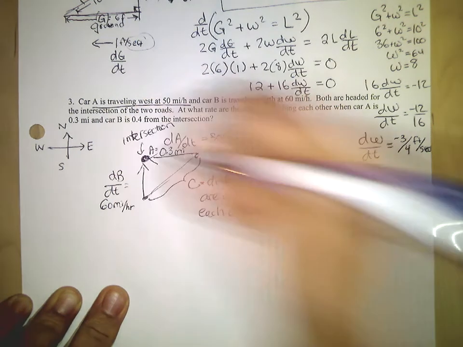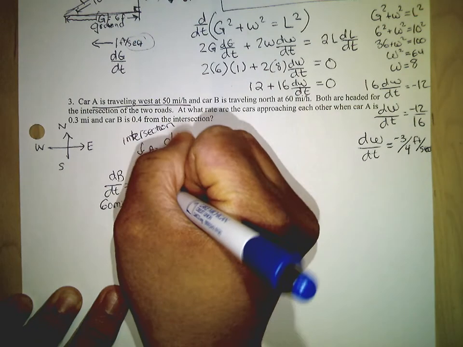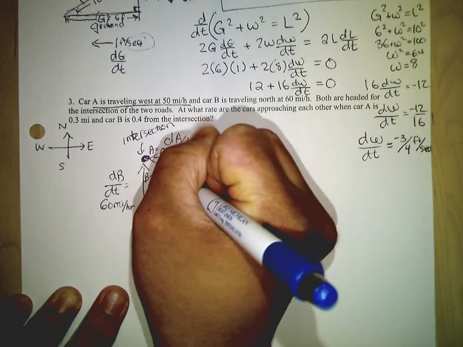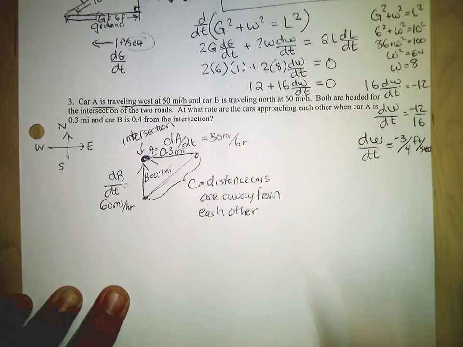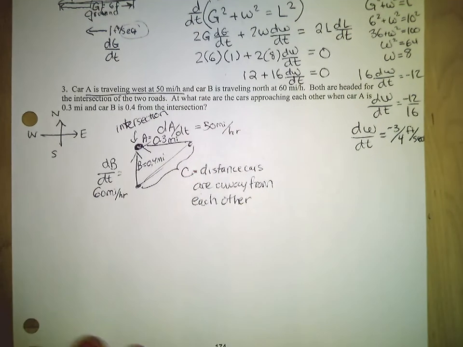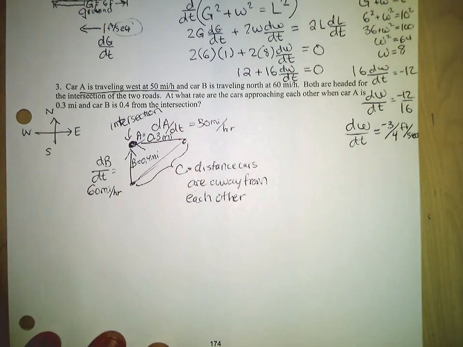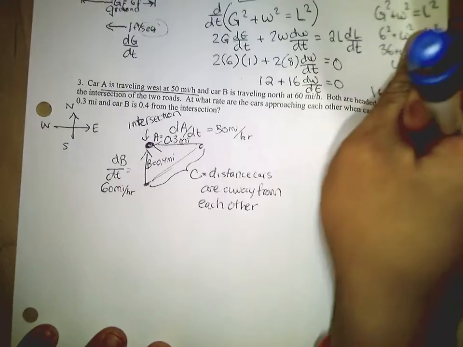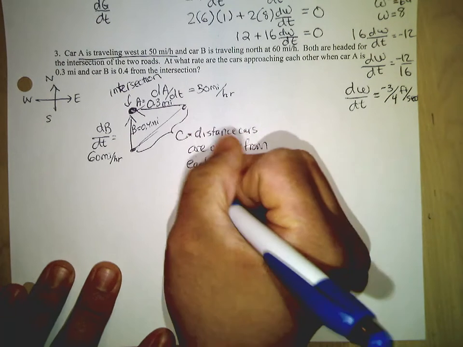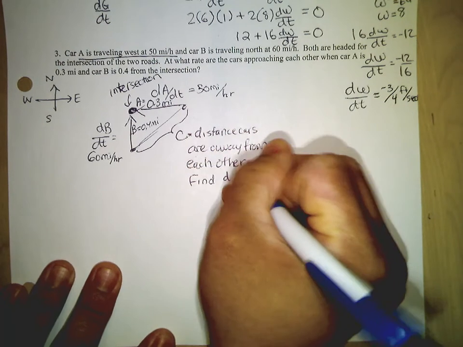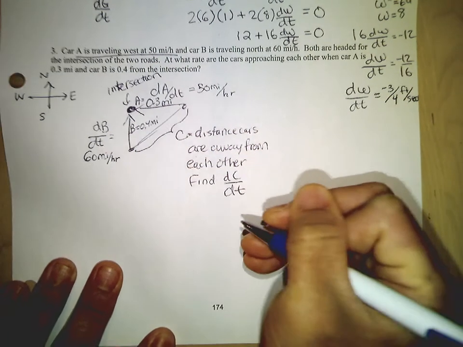So A is 0.3, and car B is 0.4 miles from the intersection. So B is 0.4. Well, this is actually very similar here because I need to find dC dt.